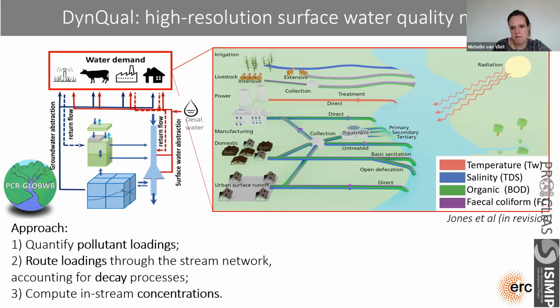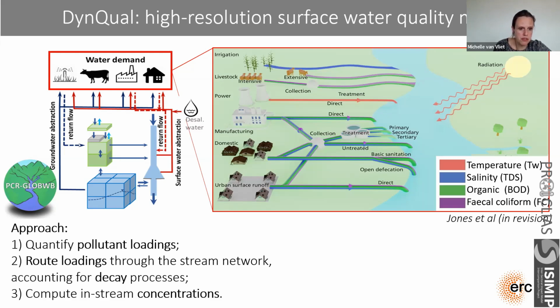In the first implementation of this model, which has been developed by Edward Jones as part of his PhD project, we focus on water temperature, salinity, as indicated by TDS, organic pollution, as indicated by BOD, and also fecal coliform. As the basis for these water quality model simulations, we use the PCR-GLOBWB hydrological model, which is also developed at Utrecht University.